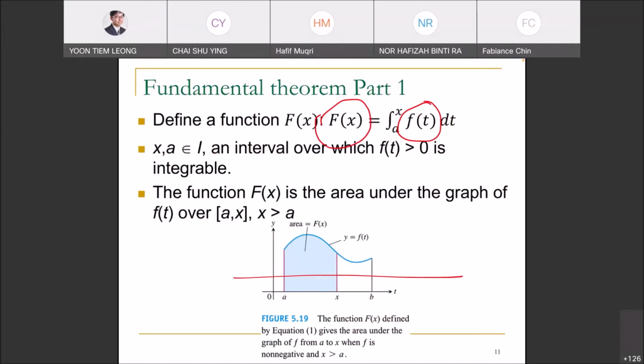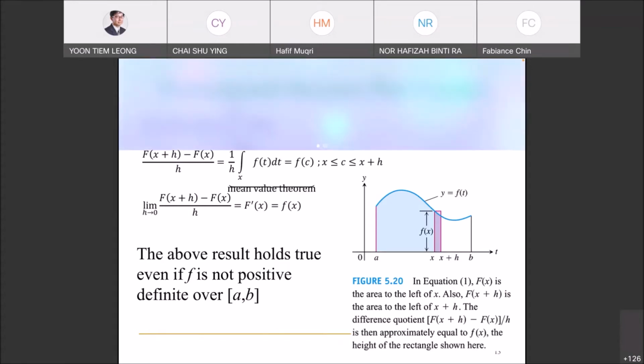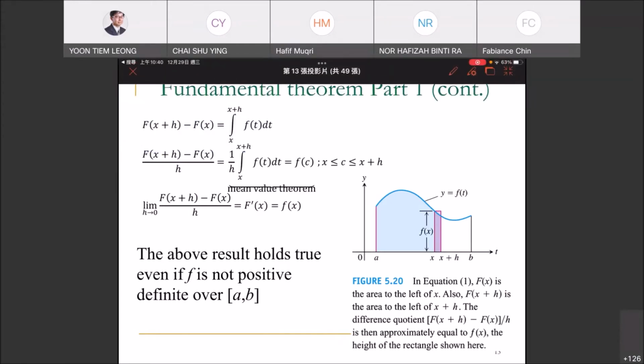So the next thing I'm going to talk about is to show you that indeed the capital function F is an antiderivative of the small function f.